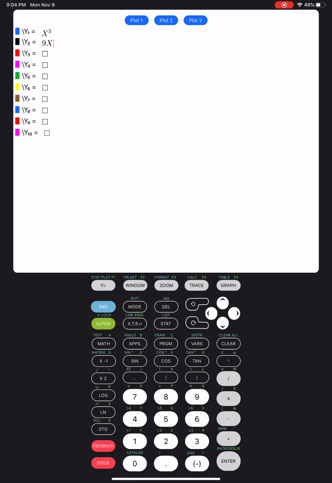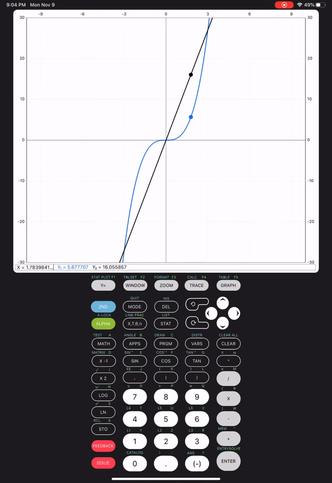So I'll slightly increase to negative 30 to 30 and see if there's an intersection. Yep, the intersection is right over here around y value 25, 26. And the same thing happens here, negative 25, 26-ish.